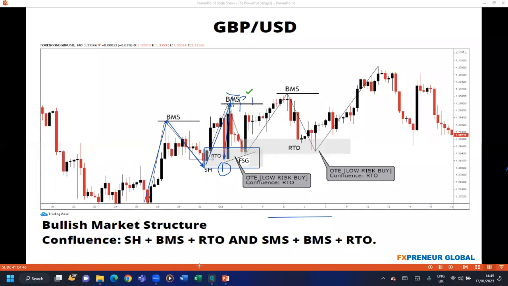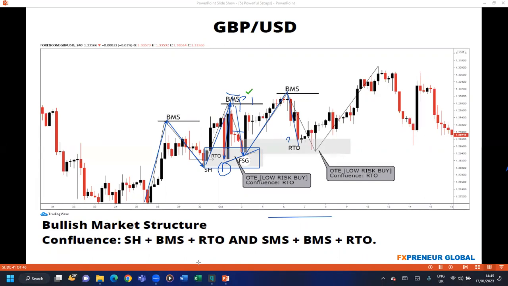Once profit is taken, price returns back down. As it returns back down here, what we have is a failure swing. To confirm the failure swing, there has to be a break of market structure. So we have a structure here. So break of market structure, return to order block here.